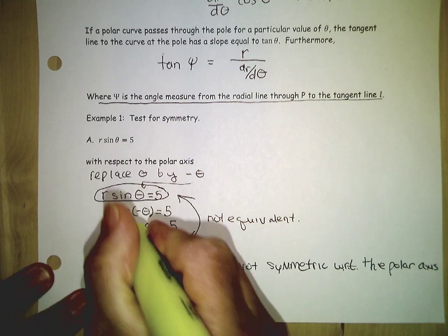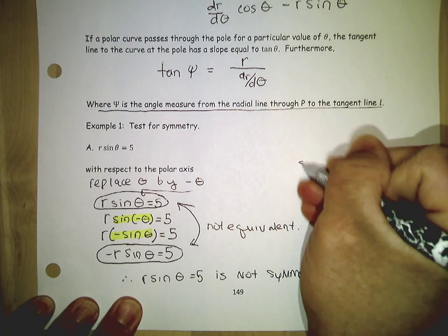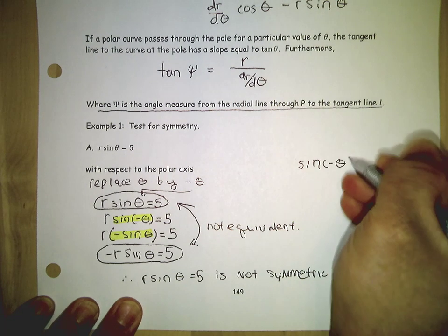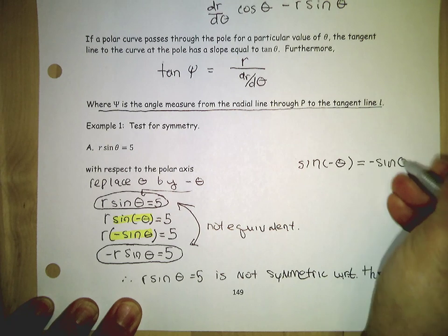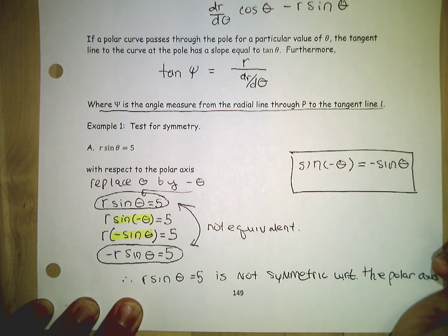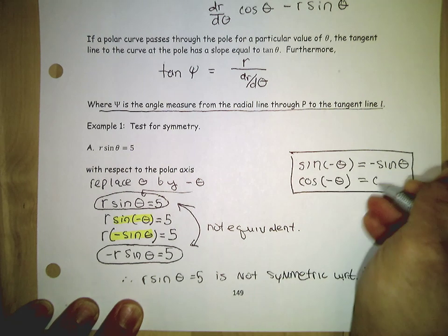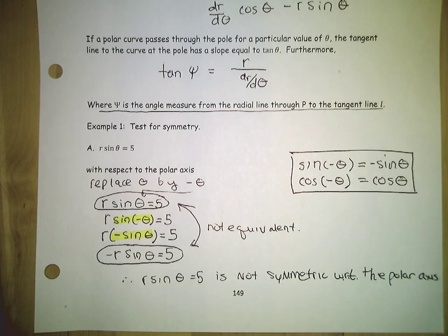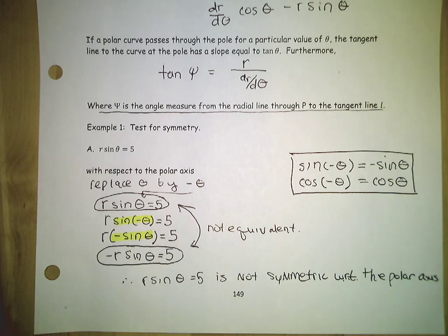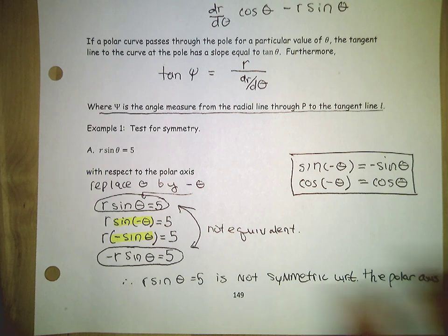One of them I used right here: the sine of the opposite of θ is the opposite of the sine of θ. And you might find this one helpful once in a while: the cosine of the opposite of θ is the cosine of θ. So try to remember every trigonometric identity you've ever learned. That would definitely help you here.